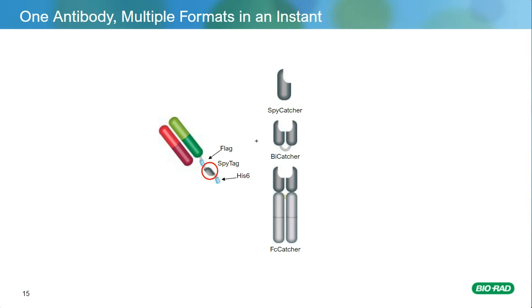These could be single catcher domains, either labeled or with extra tags on. It could be 2 catcher domains linked together to form a dimerization domain, or it could be mammalian expressed Fc domains, either of human antibodies or other mammalian species Fc domains, that also feature the catchers.